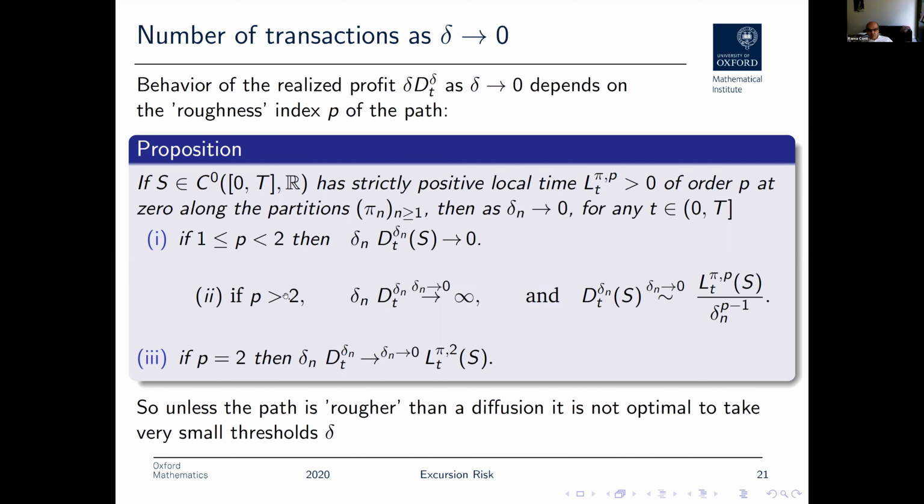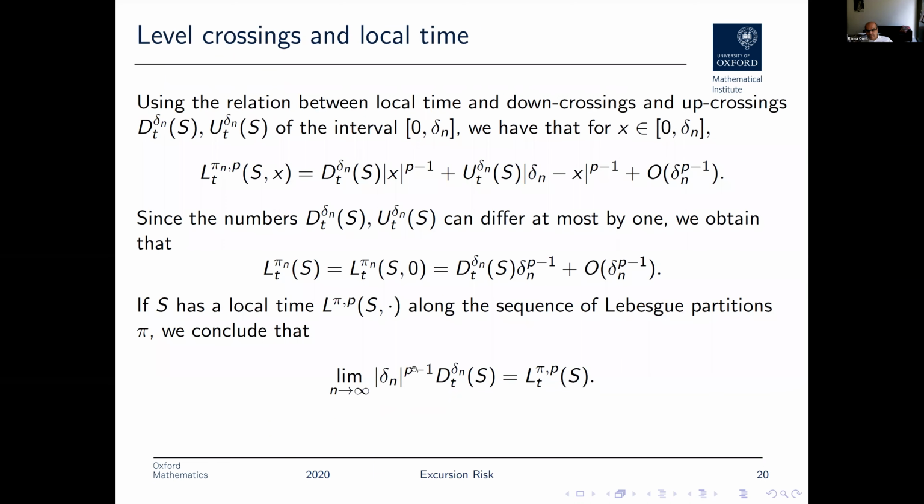Second case, if p is strictly larger than 2, it means that the signal is strictly rougher than Brownian motion. In this case, you can show that delta times d delta goes to infinity. Why? Because if p is strictly bigger than 2, then d delta times a power of delta higher than 1 is going to have a limit.